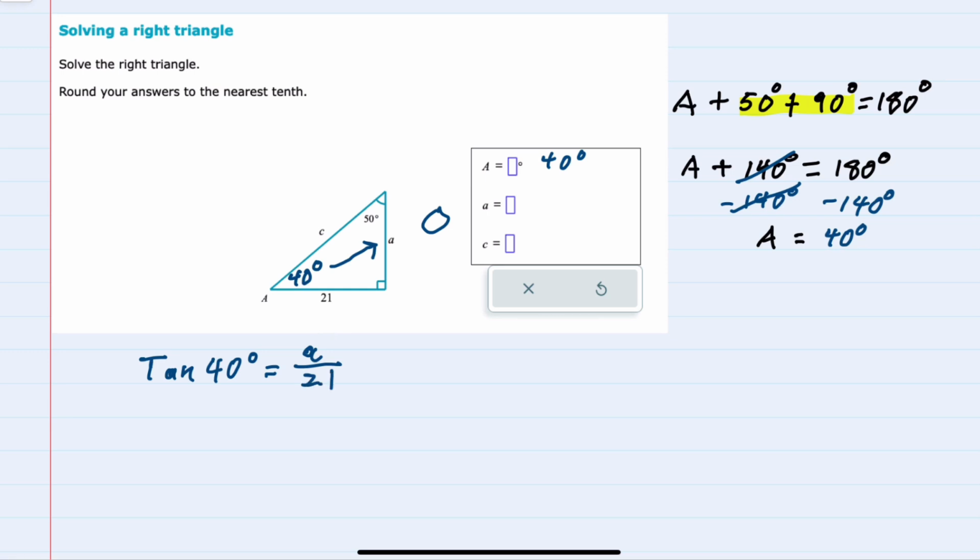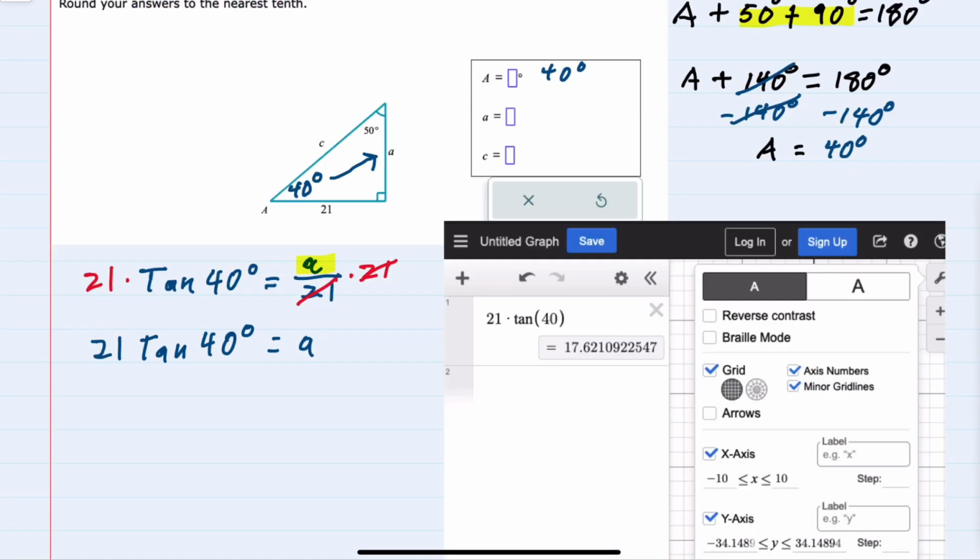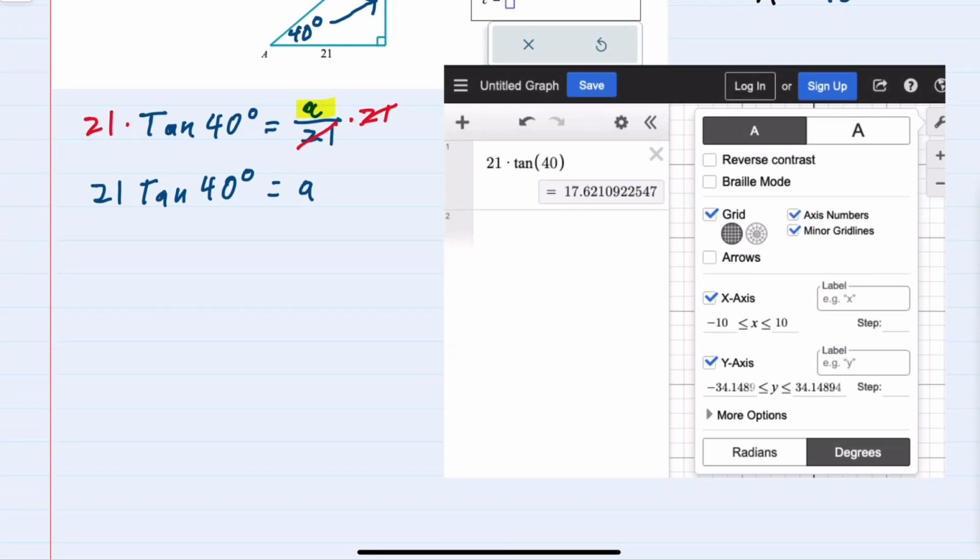This gives us something to work with because the only variable here is a, and we can isolate for a by multiplying both sides of this equation by 21. Canceling on the right, we have a equals 21 times the tangent of 40 degrees. From here, we can use a calculator. I use Desmos here, putting in 21 times the tangent of 40, being sure that I am in degrees.